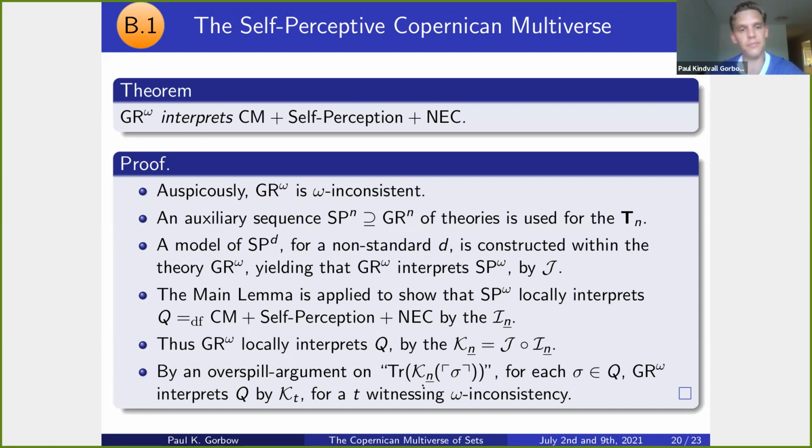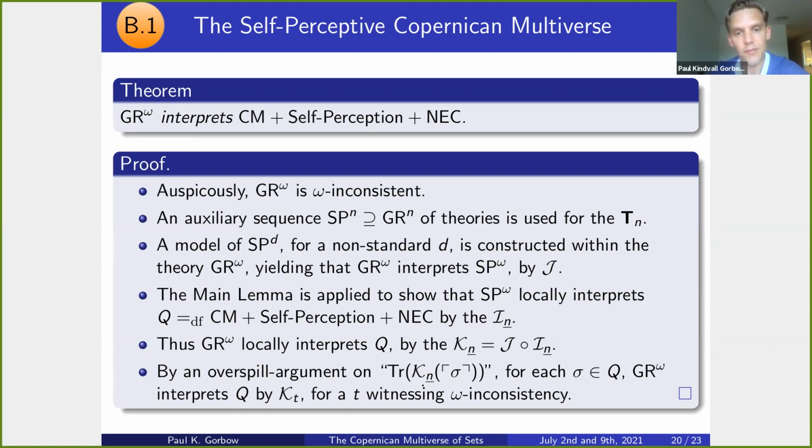And then the third step here is that when you're working within GR_omega, it's omega-inconsistent, so we can get hold of this non-standard number d, and then we can make a model of the d-th iteration of this theory SP.